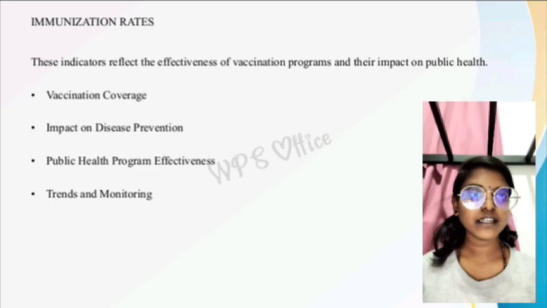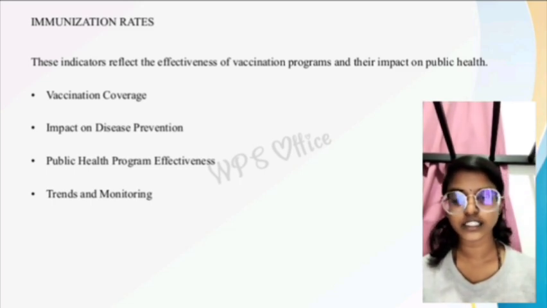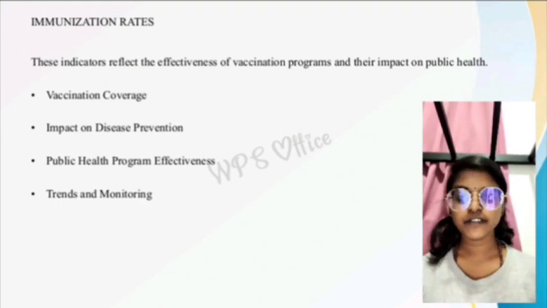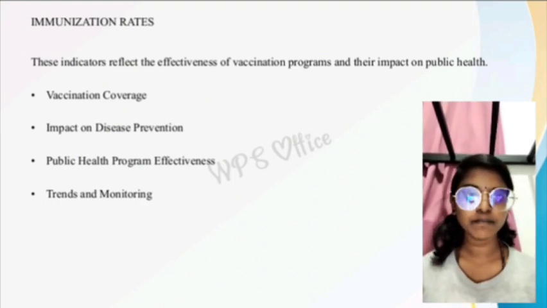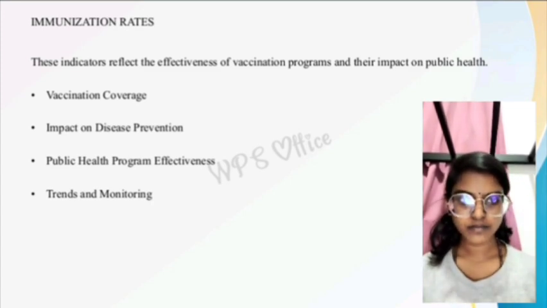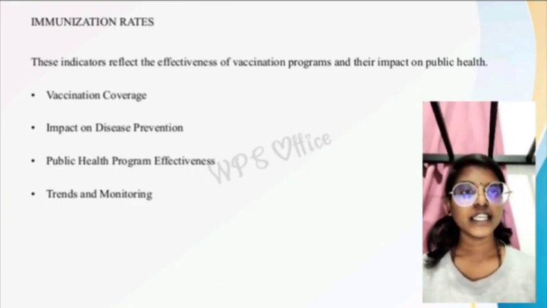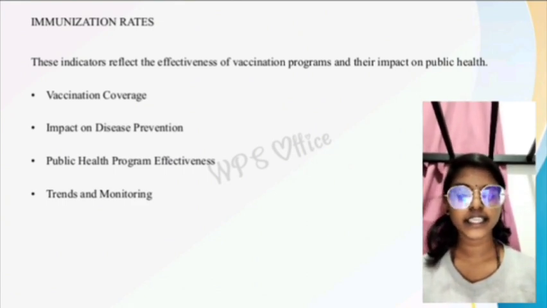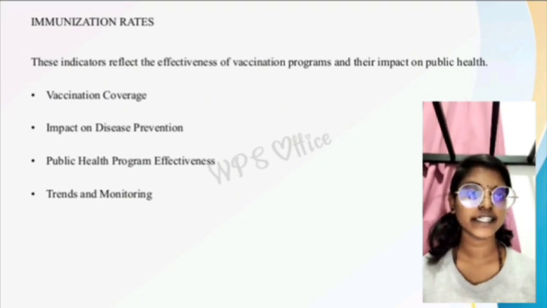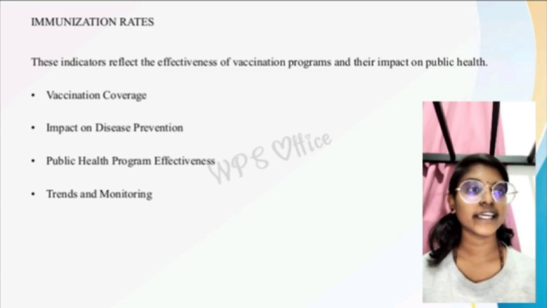For the impact on disease prevention, higher immunization rates reduce the spread of vaccine-preventable diseases, and help in achieving herd immunity and protecting vulnerable populations. Public health program effectiveness is a key indicator of how well immunization campaigns and the healthcare system function.